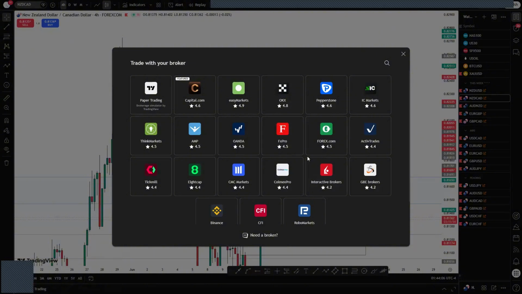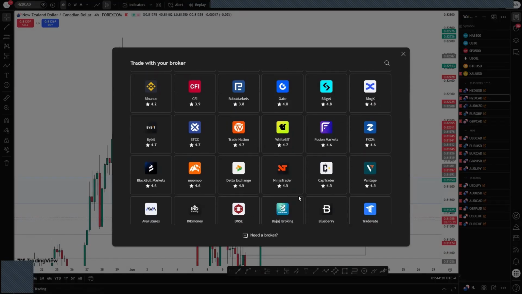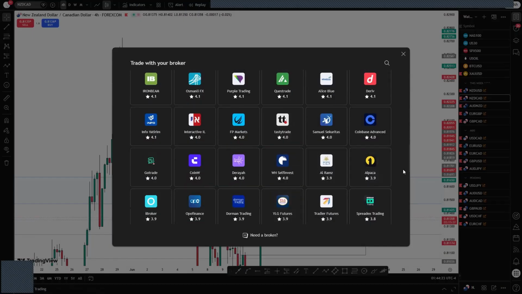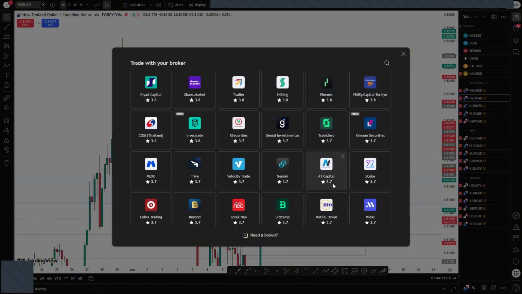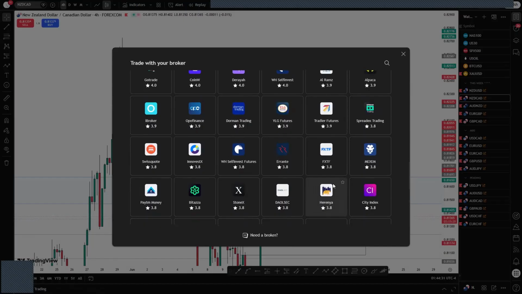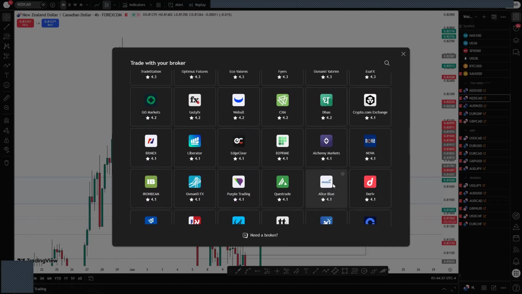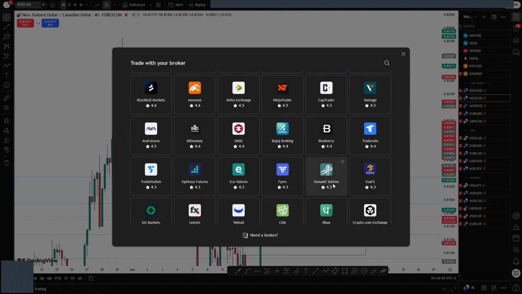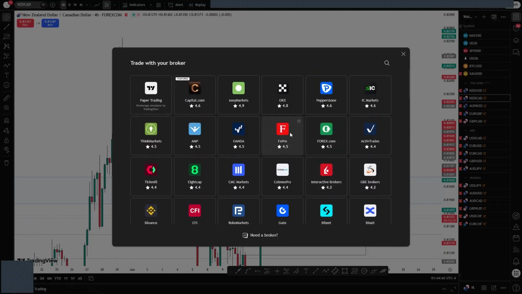Especially this one, because I have Interactive Brokers, so I can just be trading from my screen here. I think even FX Pro.